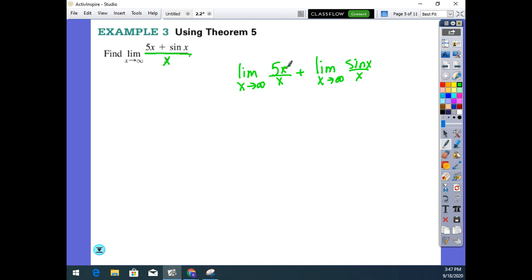Here my x's cancel, and the limit as x approaches infinity is just straight 5. Plus, we just learned the limit as x approaches infinity of sine of x over x is 0. We add the limits together, and we get 5.